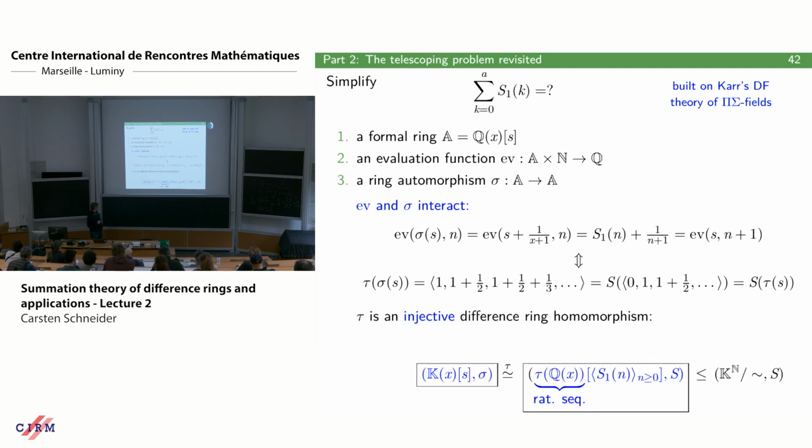Or in other words, this formal difference ring, where I love to work, where all my algorithms work, is isomorphic to the image, namely the rational sequences adjoined with the n-th harmonic numbers. Okay? So you have the sequence of n-th harmonic numbers, you adjoin them to the ring of rational sequences. You get here a difference ring. It's a sub-difference ring of the ring of sequences.